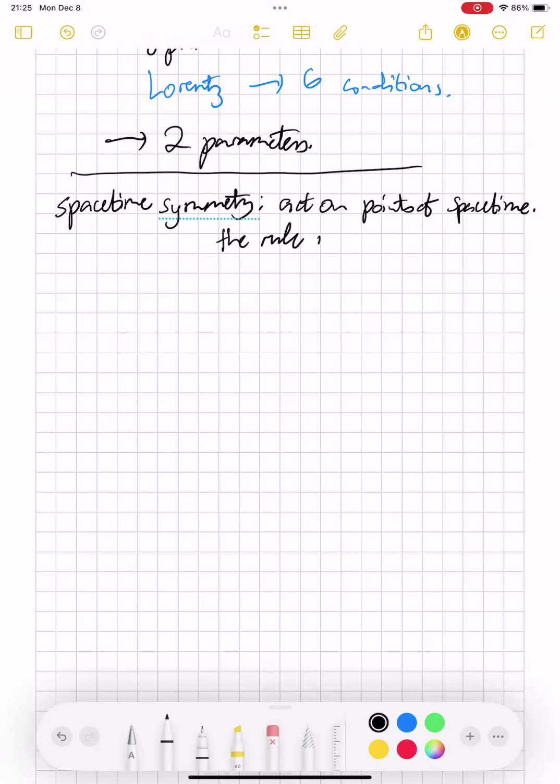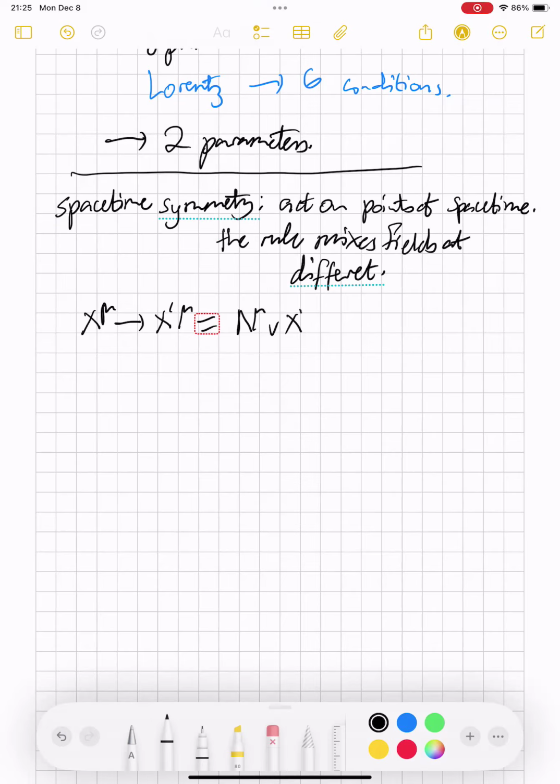Here's an example. Let's think about a Lorentz transformation. Under a Lorentz transformation, x^μ goes into x'^μ, which is Λ^μ_ν x^ν, and Λ would be the matrix representing the Lorentz transformation. Then the transformation rule for the field, let's say we've got a scalar field: φ goes into φ'(x'), and this would be equal to φ(x).